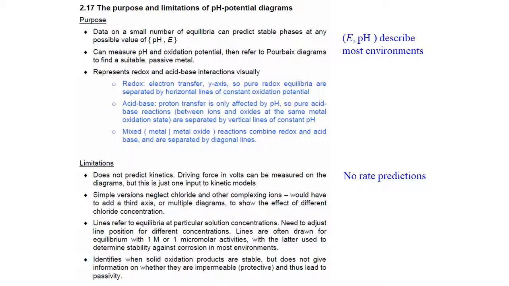Perhaps this is going to be passive against corrosion, but as well as just knowing the solid hydroxide is stable, in order to confirm passivity, we also need to know something about the physical properties of the oxide. We need to know, is this oxide or hydroxide impermeable to water? So we just need that as an additional check in order to conclude that our metal is passive.